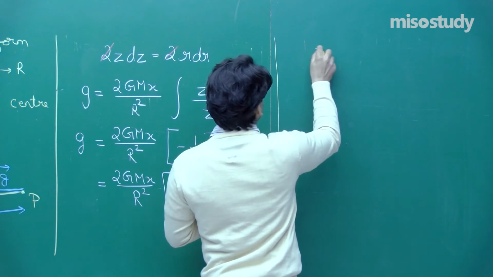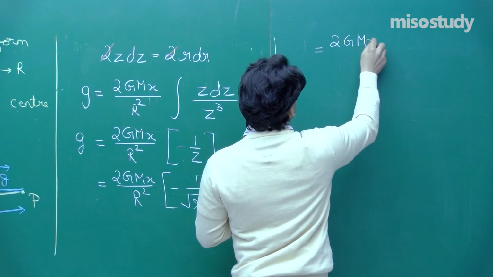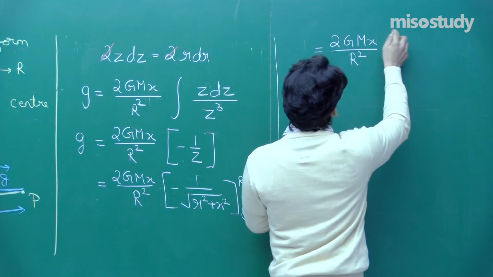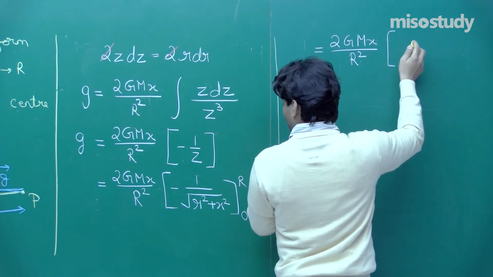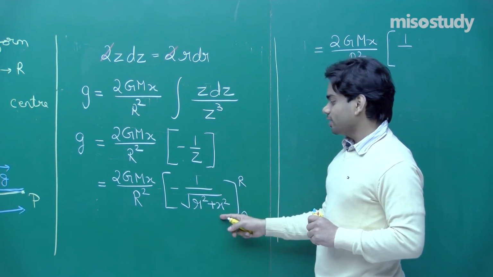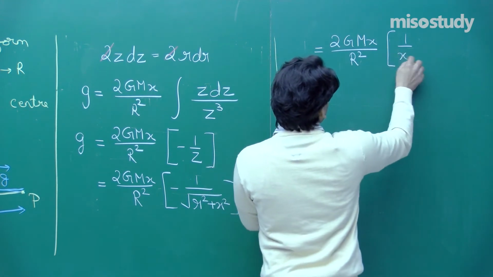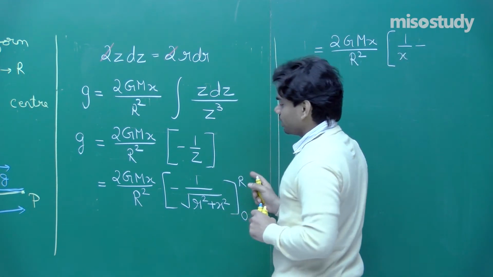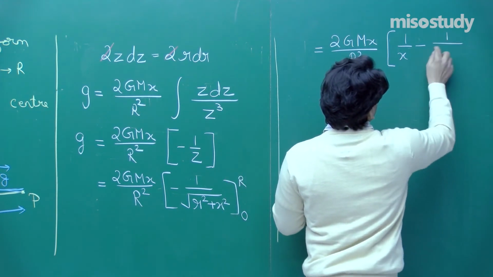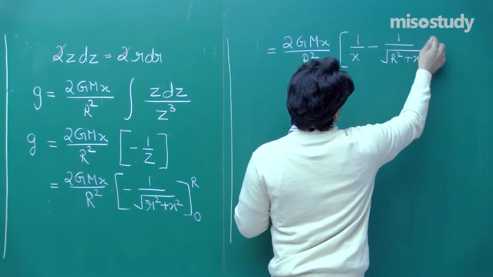Two g capital M x by r whole square, and substitute the lower limit first, so you will be having 1 upon, you substitute the value of small r as 0, you are getting 1 upon x whole square, that will be 1 by x minus, substitute the upper limit, 1 upon capital R whole square plus x square under root of r square plus x square.